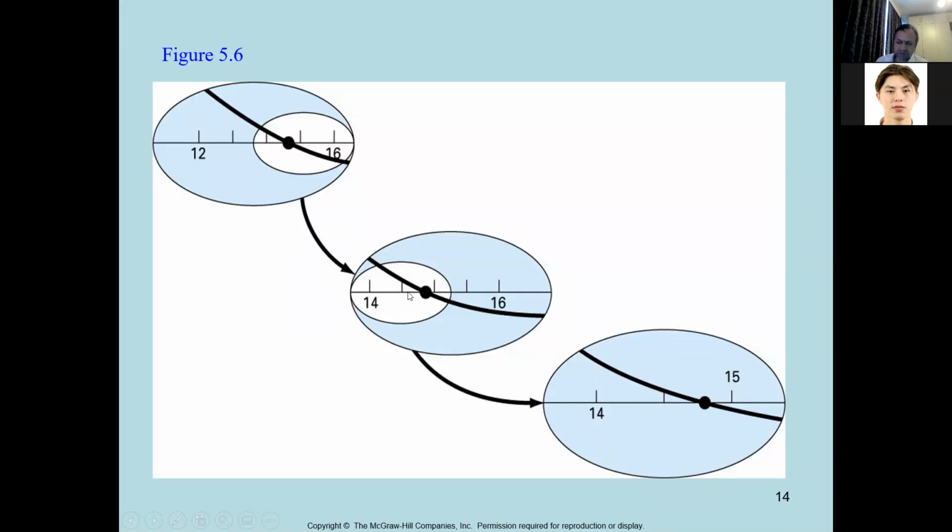But of course, because we can only change one of these values, we can say that the next approximation will be between 14 and 15 in this case. So in this way, this kind of method is like zooming in or zeroing in to the exact solution. Okay.